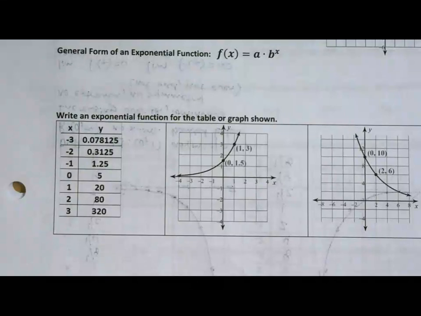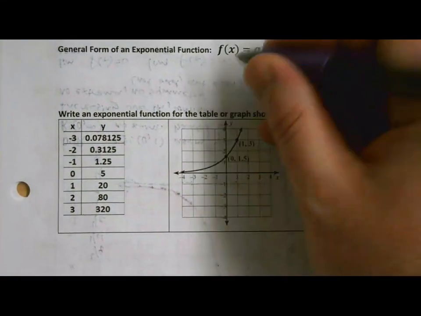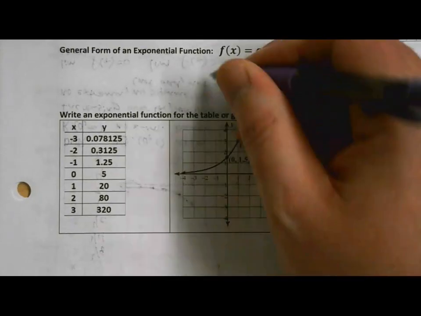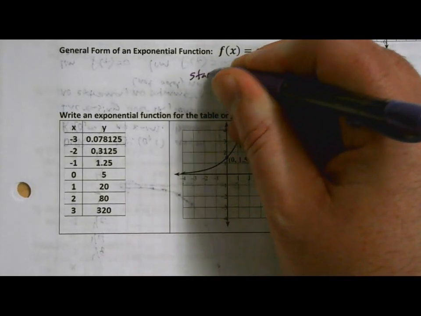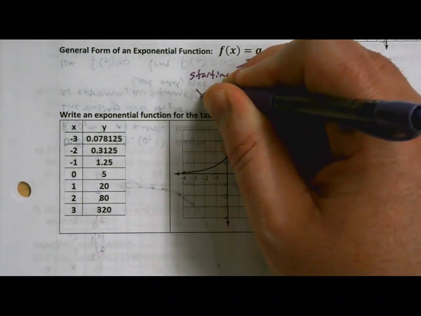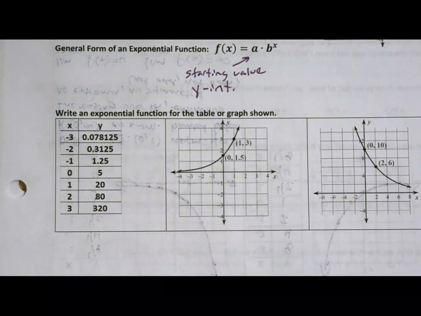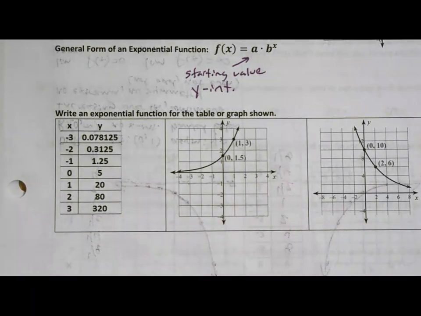Okay, let's talk about our general form for an exponential function. We've got 2 parameters. A is going to be a starting value, or a y-intercept. If we're dealing with an actual situation, the starting value would be like, how much money did I start off with in my bank account?